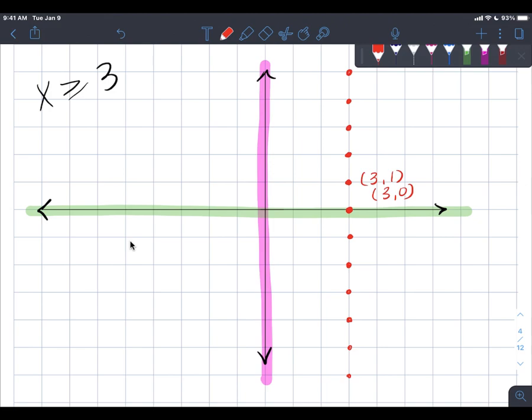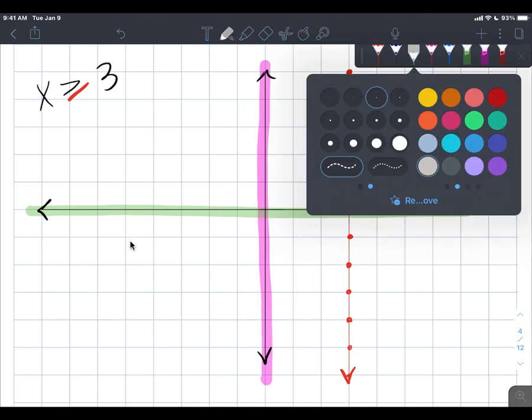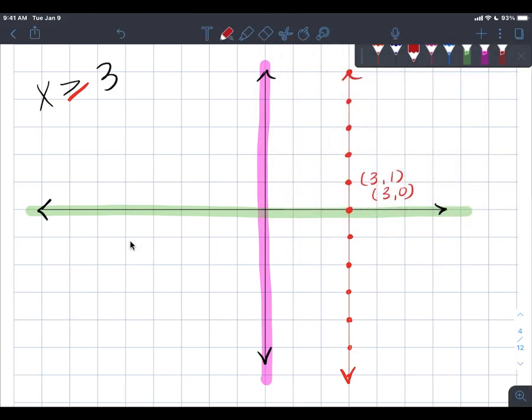So I have a bunch of points, just like I would graph anything else. Now I go back and look at this. This has an extra line, which means the line should be solid. This one says x bigger than, so I'm going to look for the side that has bigger x's. That's going to be out here, so I would shade in this direction.